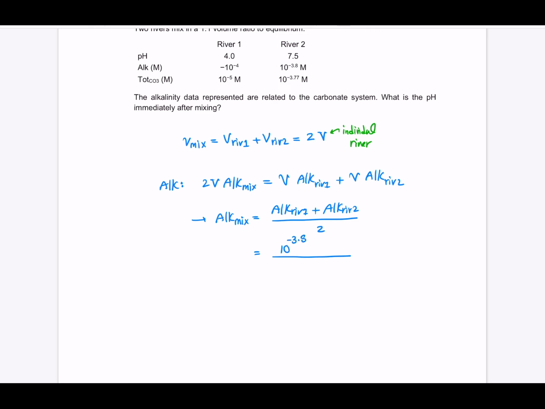Minus 3.8, plus minus 10 to the minus 4. What is alkalinity of minus?